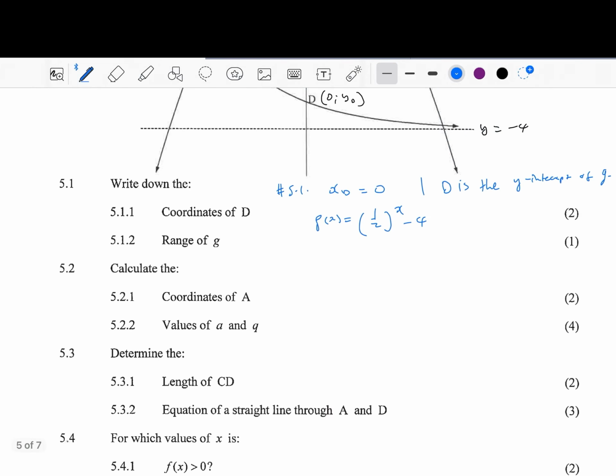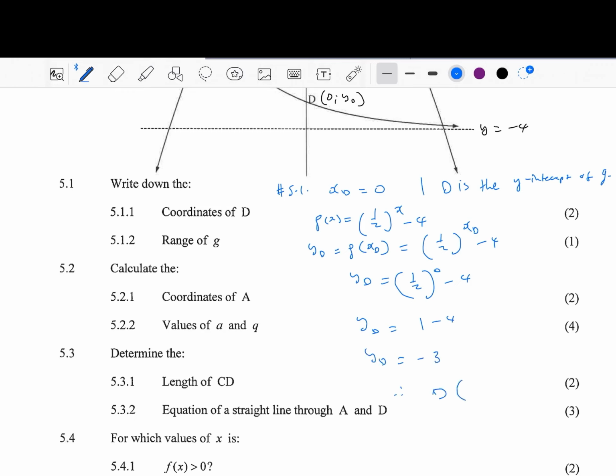To find the y value of D, we just have to substitute the x value of D in this equation. So the y value of D is half to the power 0, you can punch this in the calculator, and half to the power 0 is 1, minus 4. So the y value of D is negative 3.